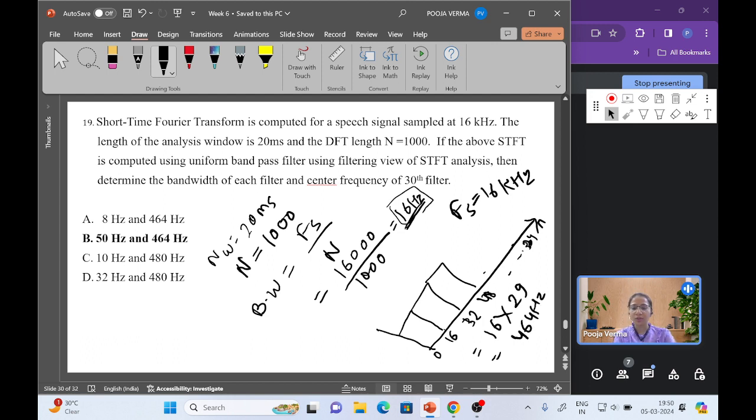And what is the bandwidth of each filter? How will we get that? The 464 is okay. The 50 hertz, just a minute, I forgot. Determine the bandwidth of each filter. That will be 16 hertz. Just a minute.